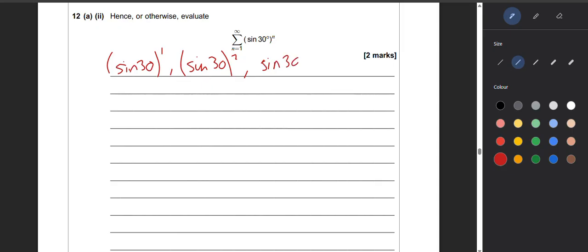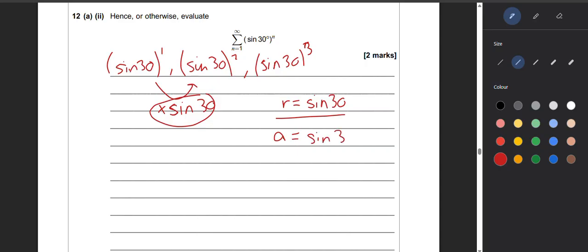I don't need to keep going on, I'm hoping. So what we are multiplying by each time is sine 30, aren't we? We're multiplying by sine 30 each time. So that means our common ratio is sine of 30. And then a, well, what happens when n is 1? It's just sine 30.